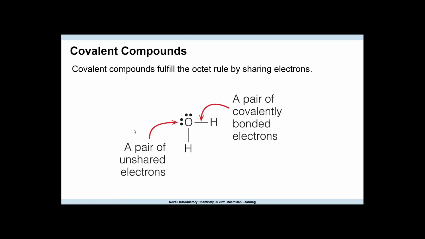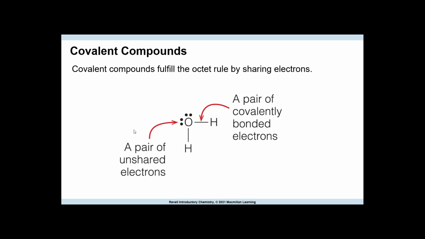Okay, so now we're going to start looking at compounds. Covalent compounds form when elements combine through covalent bonds, forming molecules. Water is an example of a covalent compound. In a water molecule, an oxygen atom covalently bonds to 2 hydrogen atoms. The valence level of each hydrogen is filled with 2 electrons.